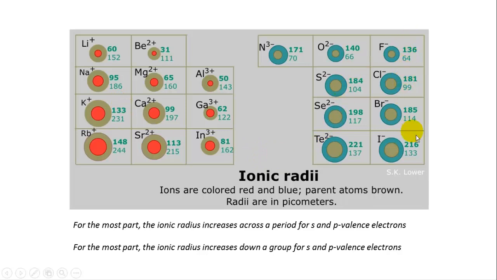So down a group, the p electrons increase in size, going from 171 to 170. For nitrogen and oxygen, you can see the increase in size as shown by the bold green letters. And the same thing is true for the group 1 alkali and group 2 alkaline earth metals.